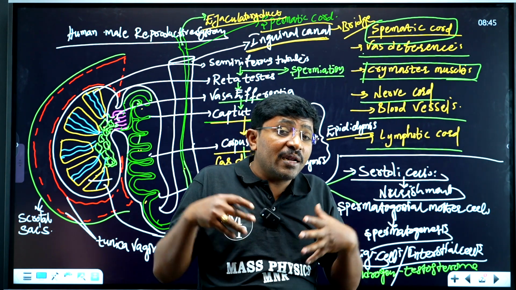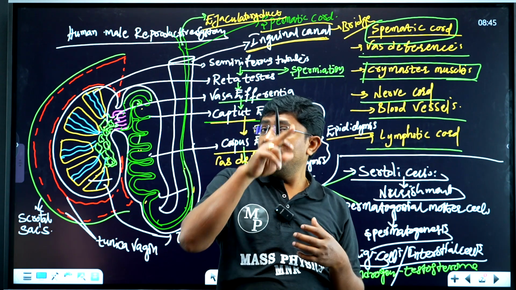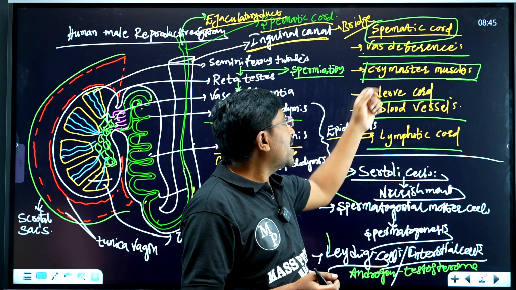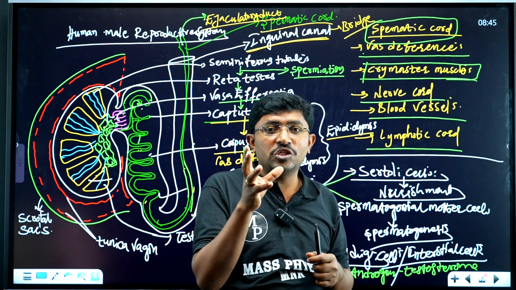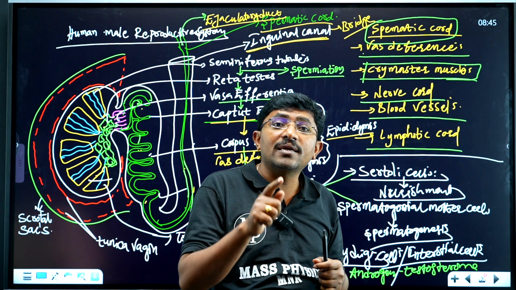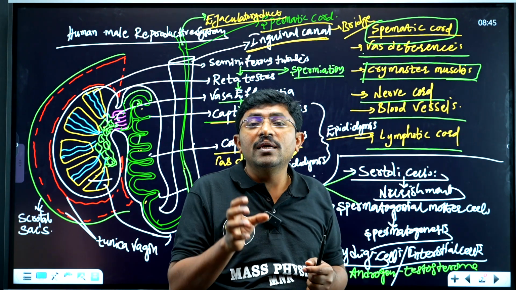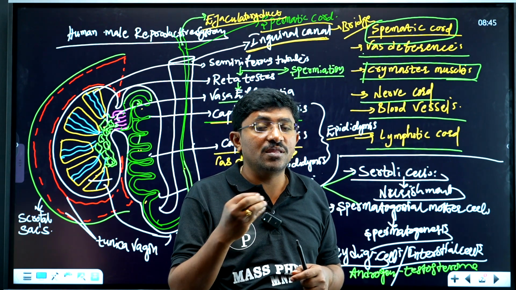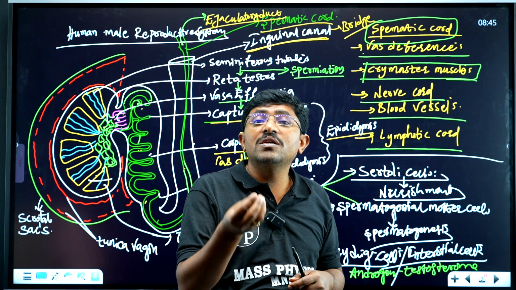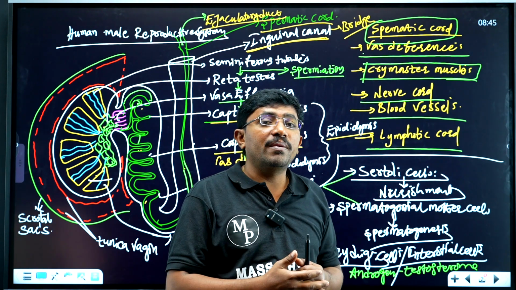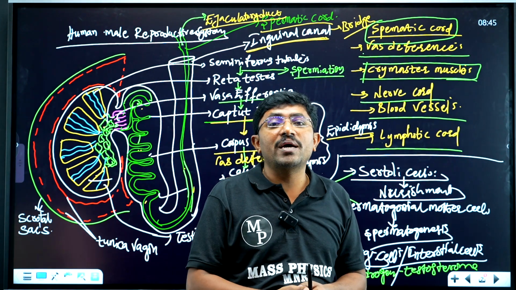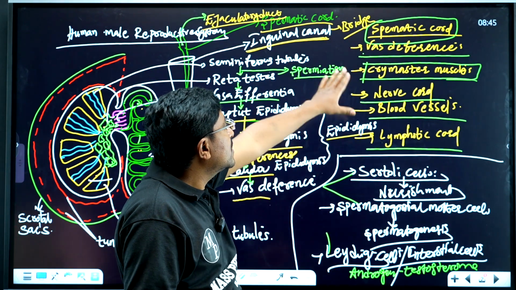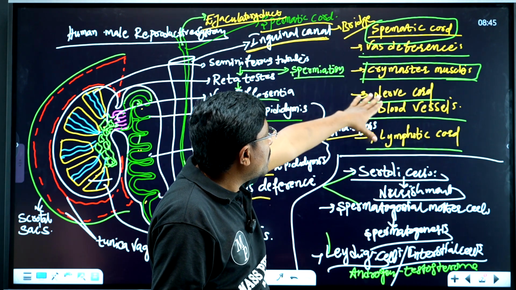If the environment temperature is high, the cremaster muscles relax, so a large space develops around the testis and a lower temperature appears within the scrotum. The lower temperature helps the production of spermatozoa, meaning the initiation of spermatogenesis. So these are the important points regarding the spermatic cord.